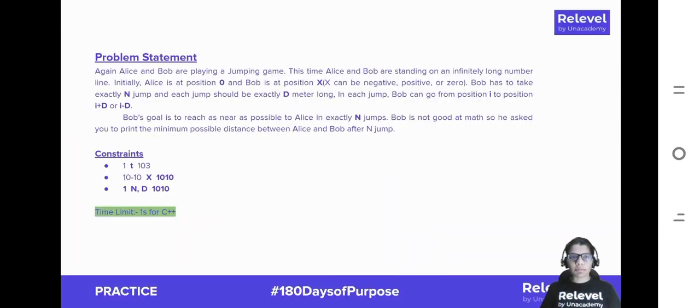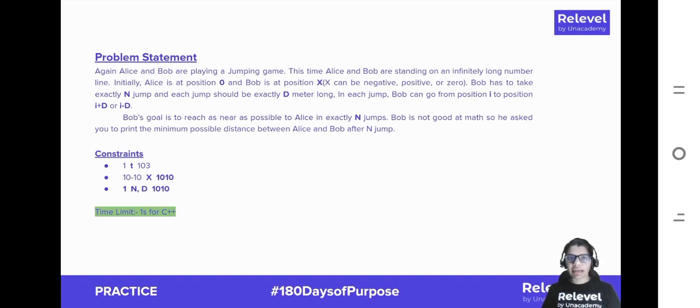Here, the problem statement says Alice and Bob are playing a jumping game. This time, Alice and Bob are standing on an infinitely long number line. Initially, Alice is at position 0 and Bob is at some position X. X can be negative, positive, or 0. Bob has to take exactly n jumps.